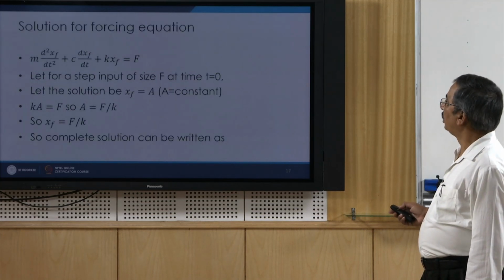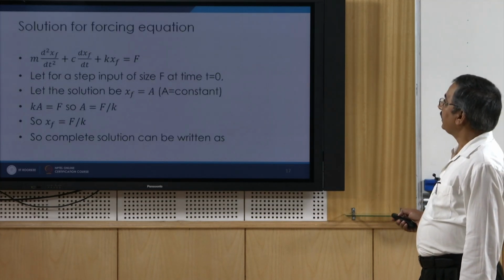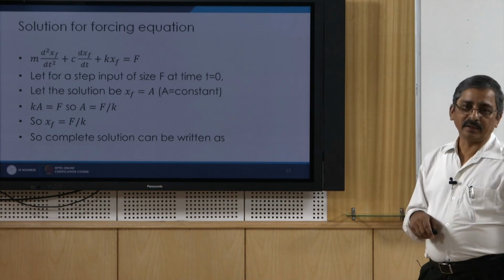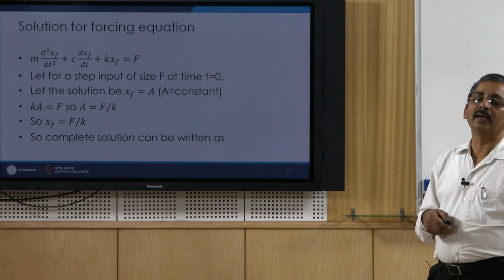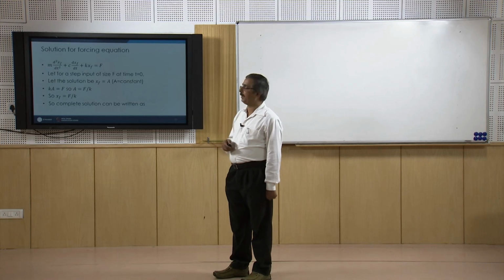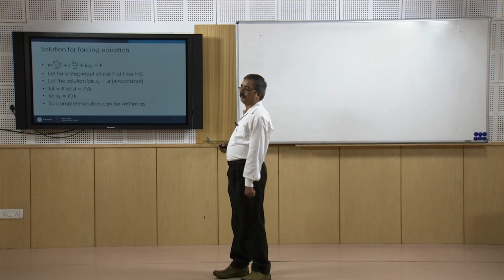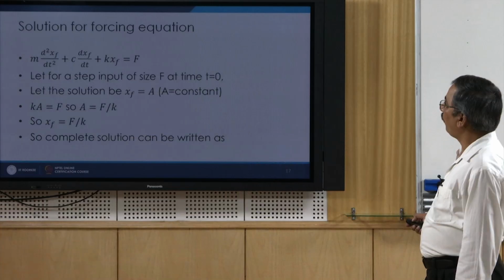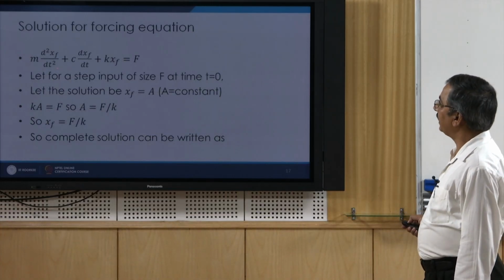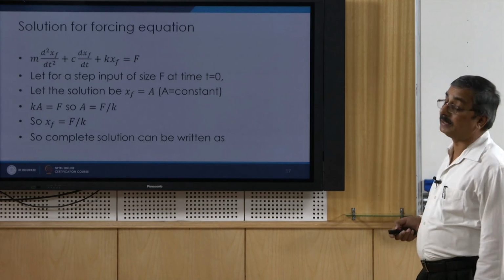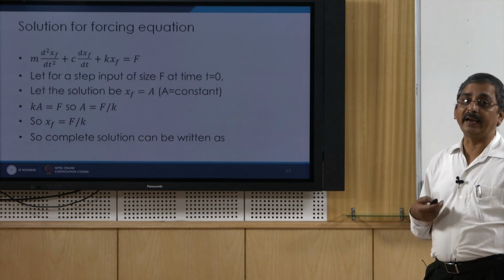So, these three cases were for the transient cases. Now, let us see the solution for the forcing equation. For the forcing equation, in this case there is going to be an input.